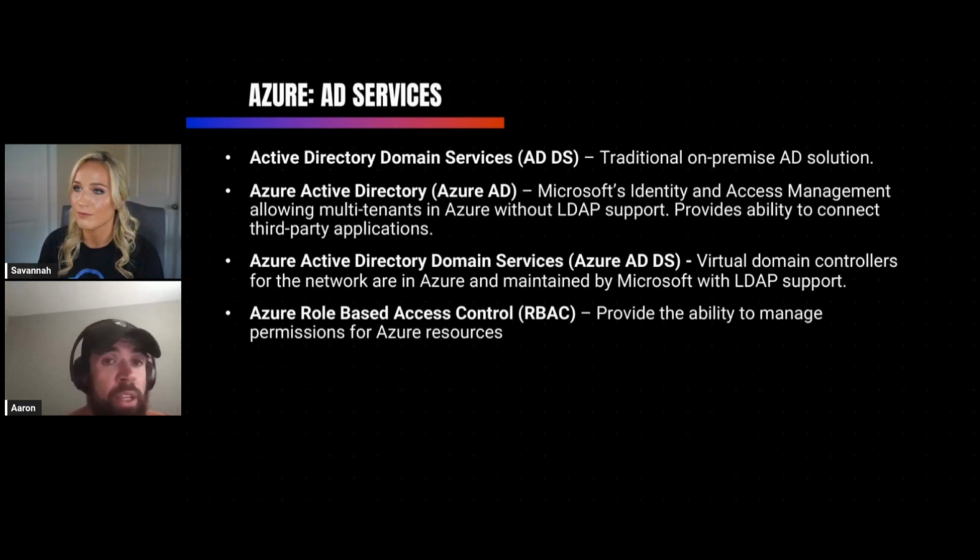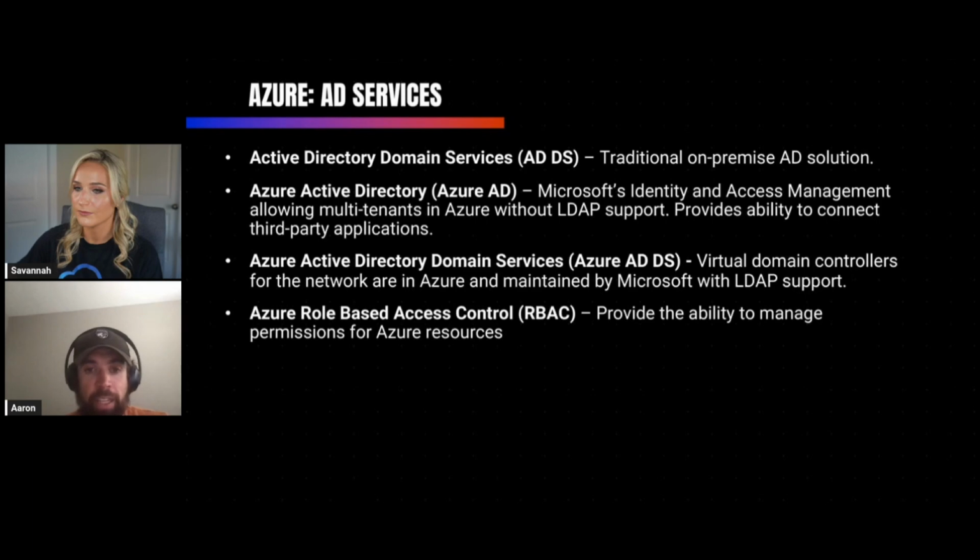All right, awesome. So now we're going to be talking about some of the different flavors of Azure as it pertains to how you set up your internal network. There are a few different options here. Azure Active Directory Domain Services is your traditional on-premise solution.